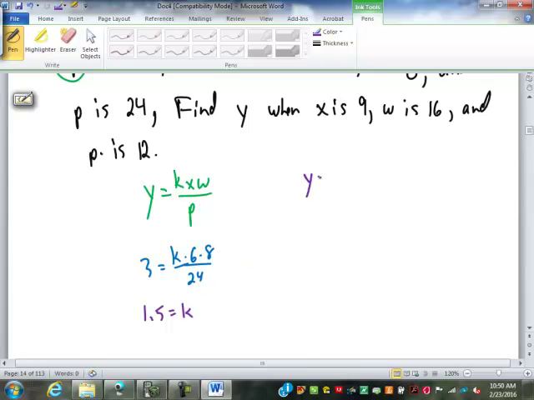So y equals 1.5 xw over p. So y equals 1.5 times 9 times 16 over 12, which is 18.